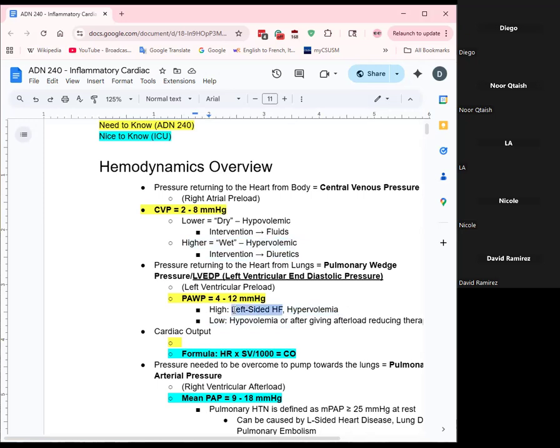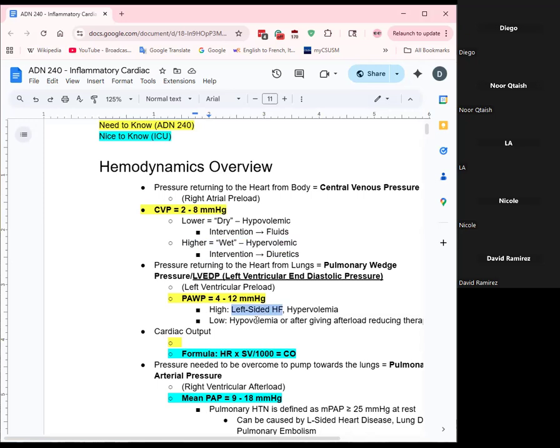Or it could be due to pressure building up on the left side of the heart because you're unable to pump it appropriately out to the rest of the body, so it starts to build up. So having a high pulmonary wedge pressure could be a sign of left-sided heart failure or hypervolemia.